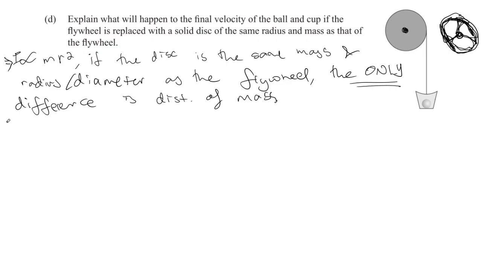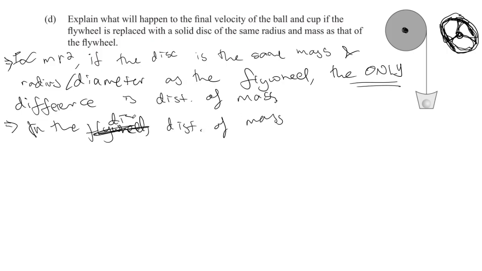And I think that's what they want you to write, right? In the disk, the distribution of mass is on average closer to the axis of rotation.